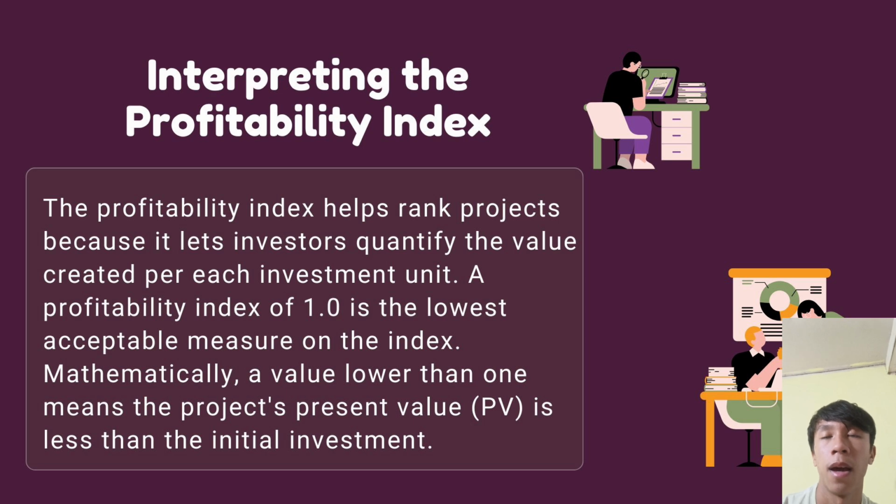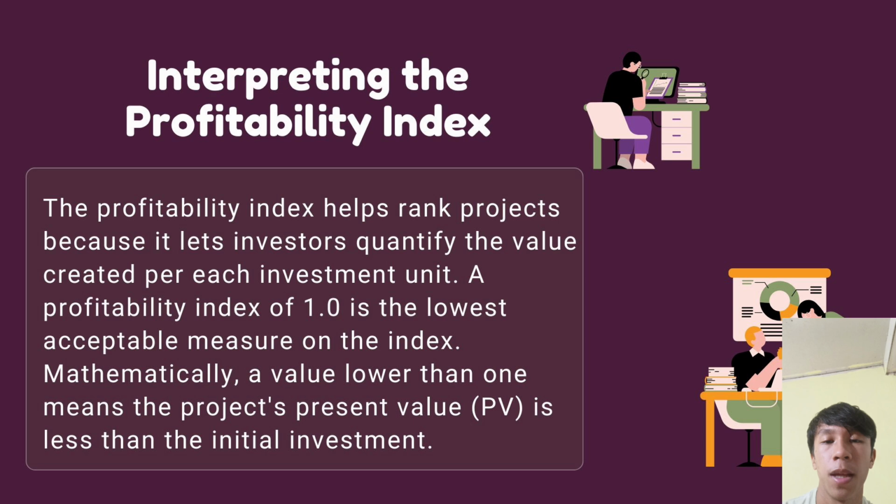For example, you invest 100,000 in a business. Your expected future cash inflows, in today's value, are 120,000. So in short, the profitability index is the present value divided by the initial investment.